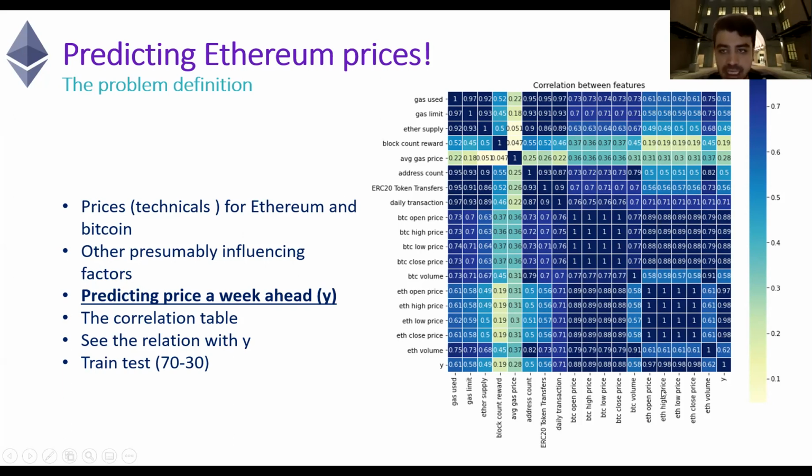Here I was generally curious, because I had a hypothesis that I talked about a little bit in the last session as well. Bitcoin and Ethereum are very correlated. One of my main underlying hypotheses was: can you predict the price of Ethereum 1 week from now by knowing the price of Bitcoin today?